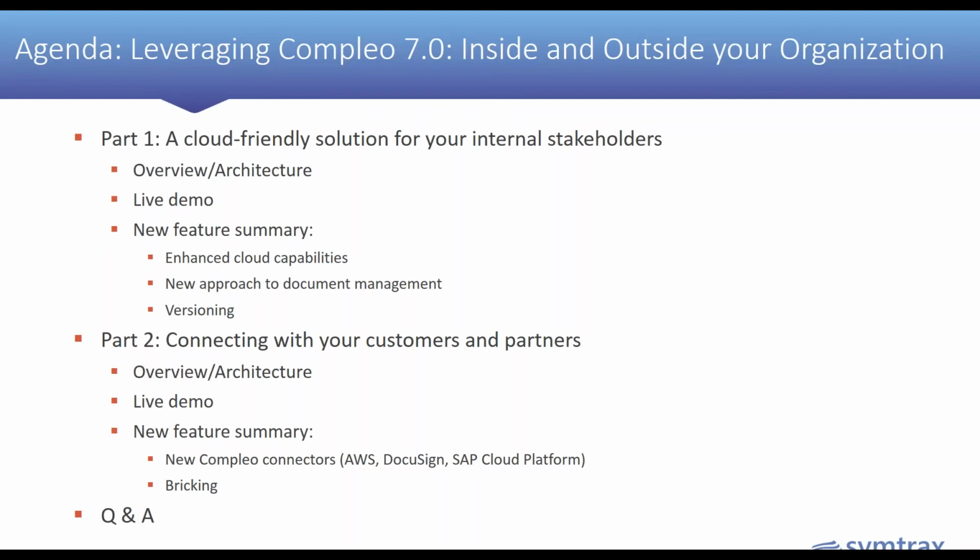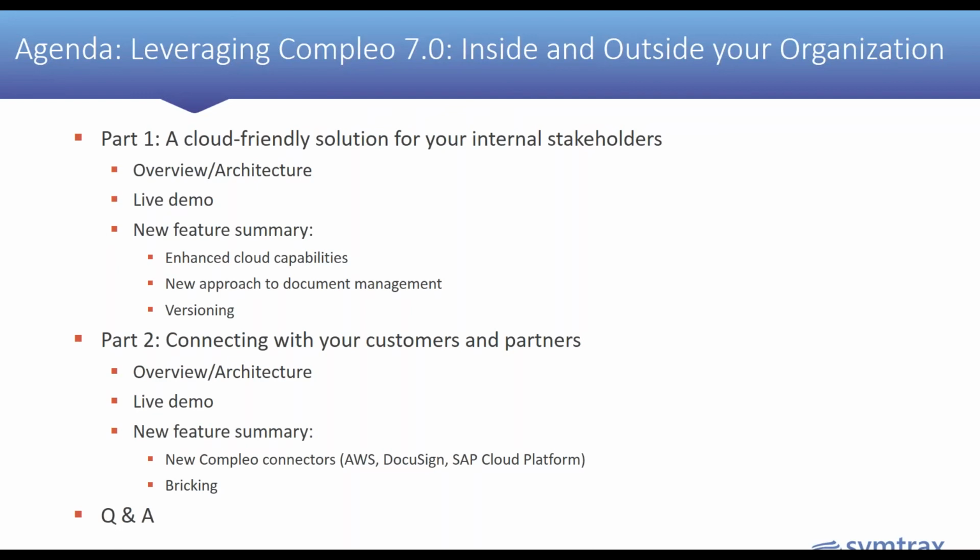And we're going to then also touch on a new way of approaching documents that Compleo generates or touches in some fashion, and cover a very few smaller features that were thrown in with Compleo 7, one of which is versioning. Then we're going to jump into a second demo that's more customer-facing or partner-facing. In that one, we're going to go through some of our new connectivity.